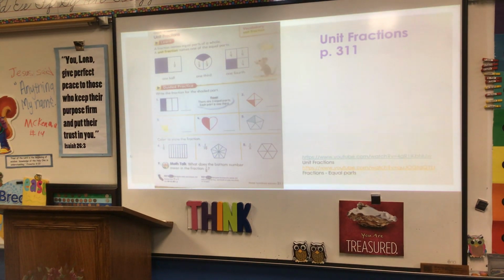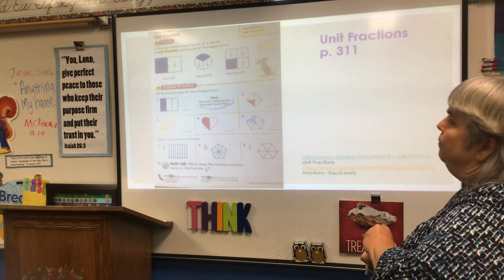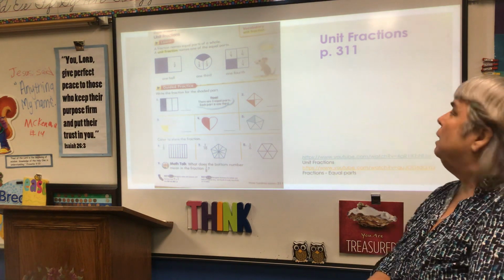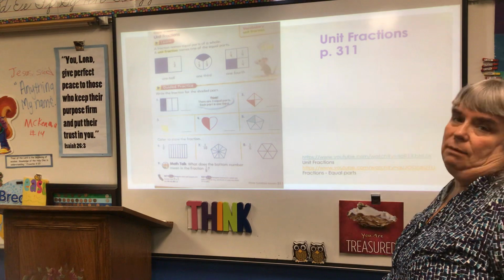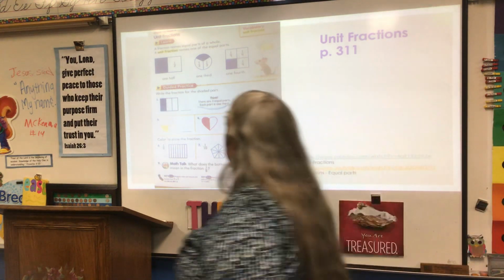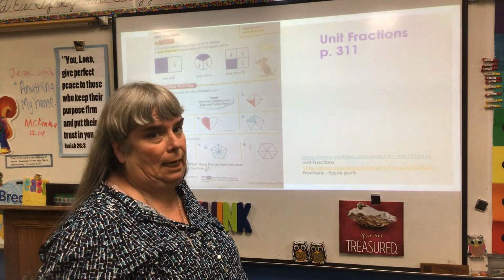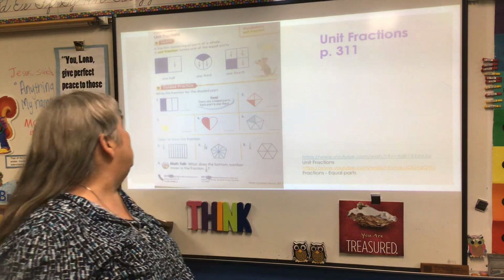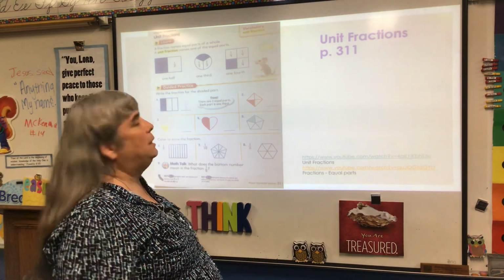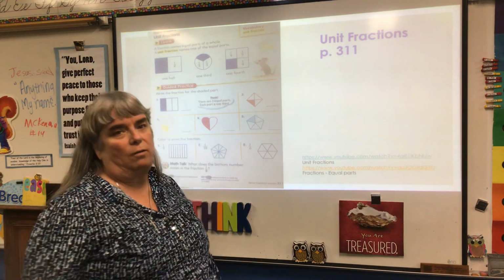So, here is our first page of lesson 2, page 311. We're going to be talking a lot about unit fractions today. A unit fraction is something that names one part of a whole.